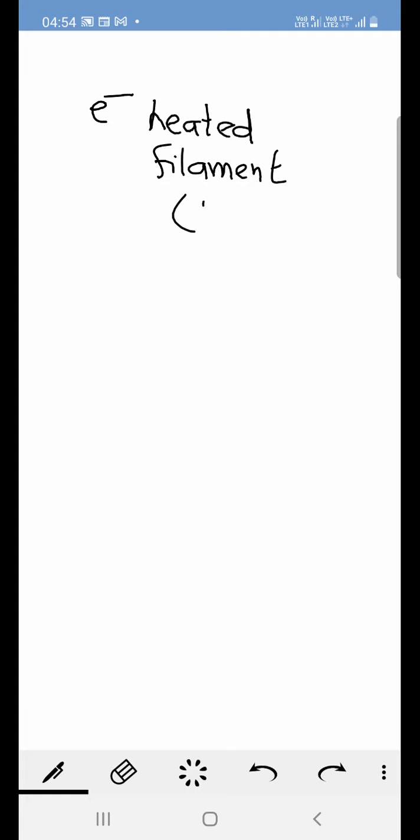We will start our discussions today from considering an electron which is being generated from a heated filament, maybe tungsten, from thermal emission.